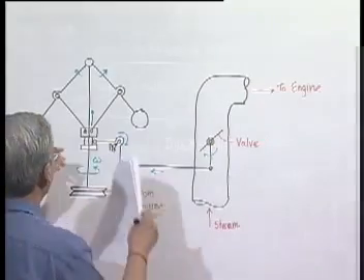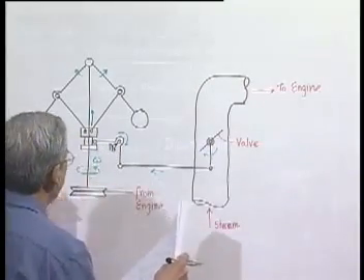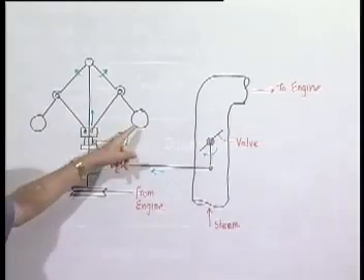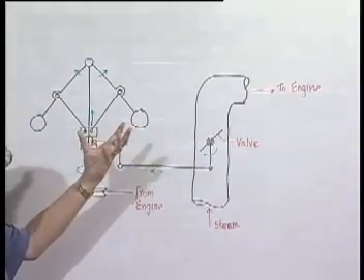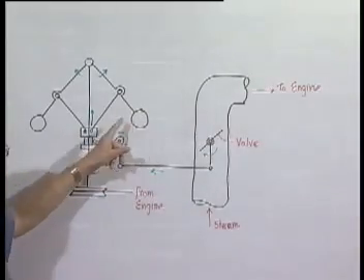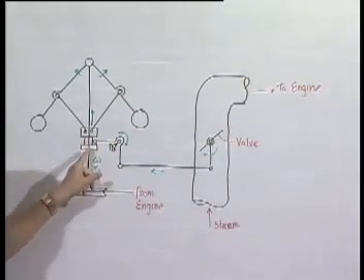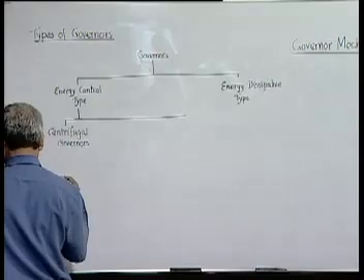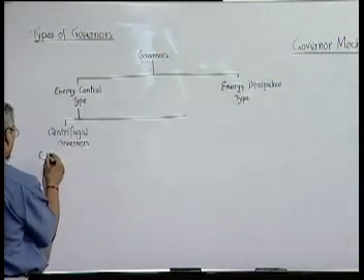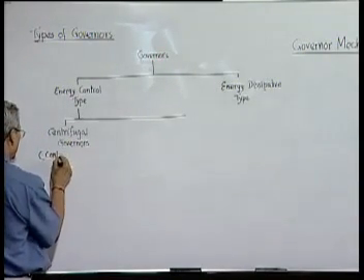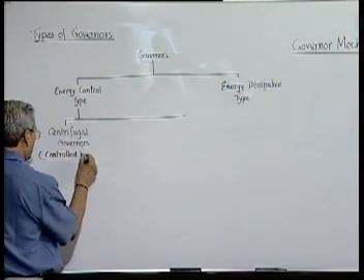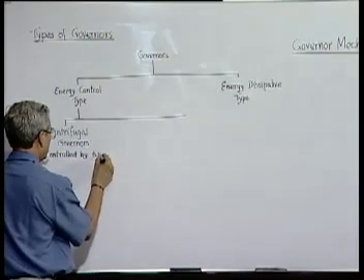Here, the speed of rotation of the governor shaft decides the location of this heavy sphere, and that location will tell the location of the sleeve, which will decide the location of the valve opening. And obviously, therefore, you can see that they are controlled by velocity, or speed.